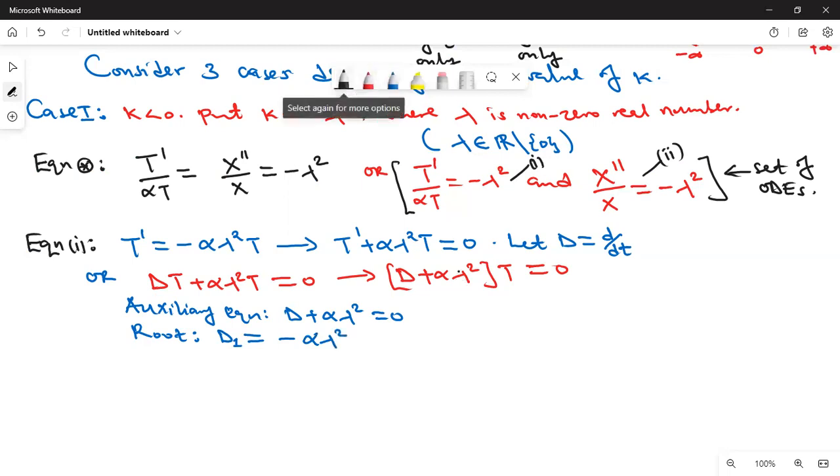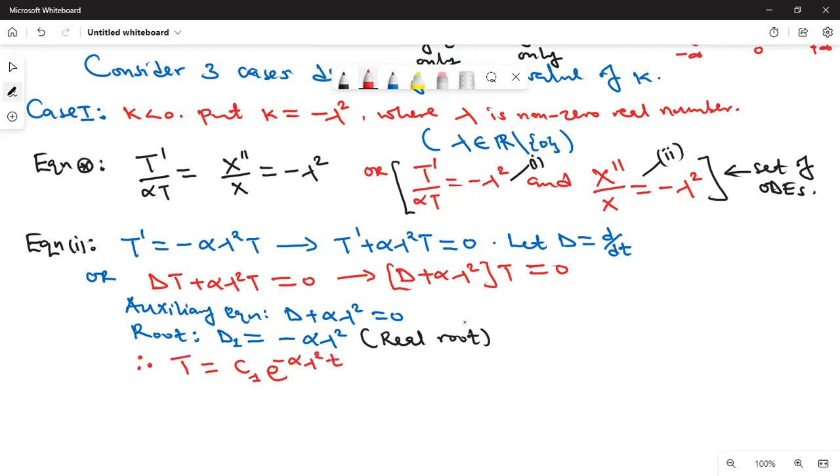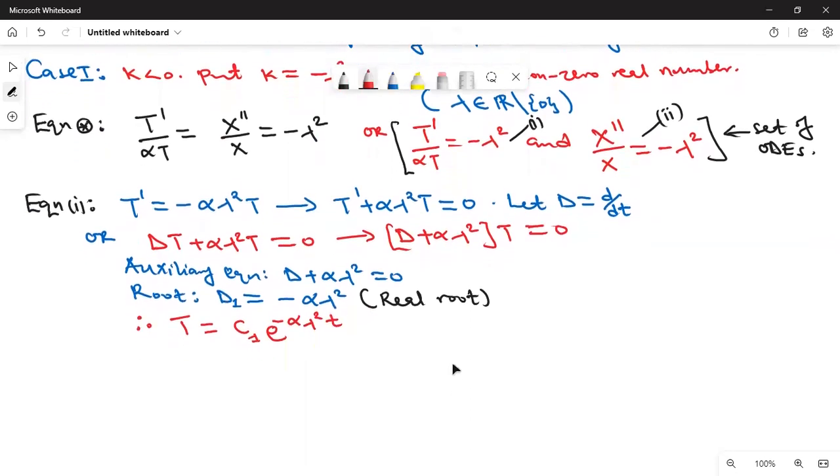And this root is a real root, just one. So how do we write our solution corresponding to t? Therefore, our t, which is a function of the small t, should now be equal to an arbitrary constant C1 times exponential negative alpha lambda squared t. That's the solution corresponding to t.